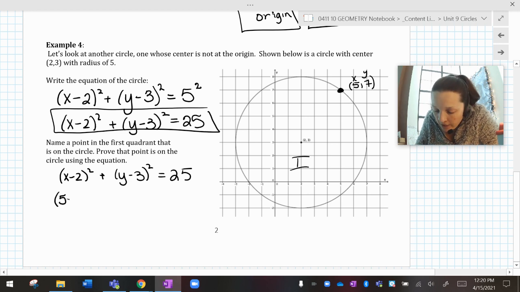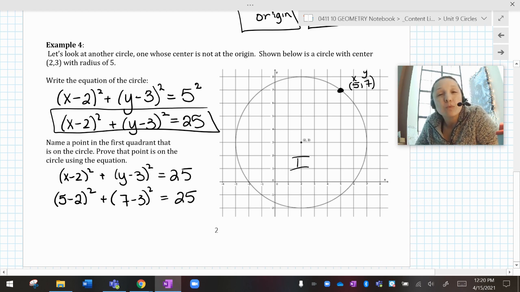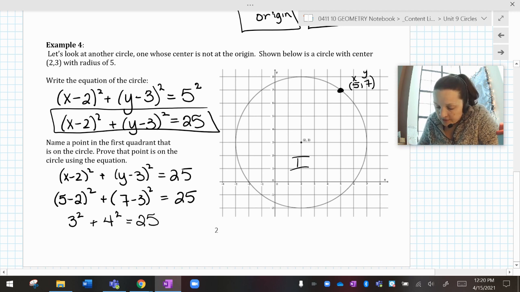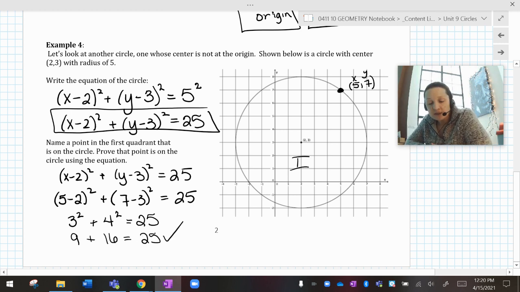And I want to know if 5, 7 makes this equal 25. Well, 5 minus 2 is 3, so that's 3 squared. 7 minus 3 is 4, that's 4 squared. And let's see, 3 squared is 9, 4 squared is 16. Yeah, 9 plus 16 does equal 25. Woohoo!